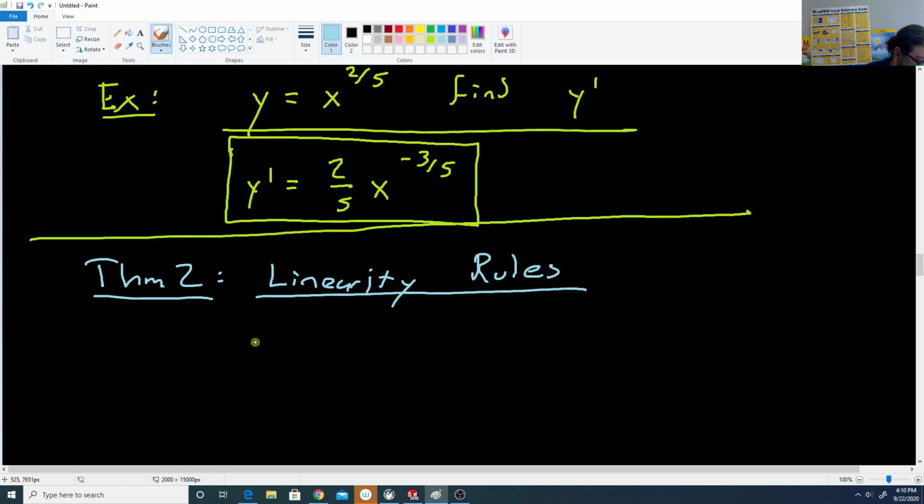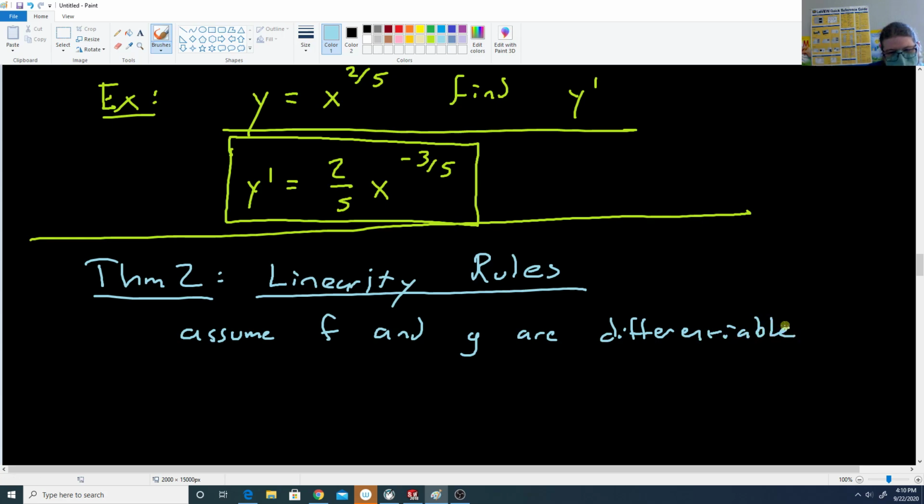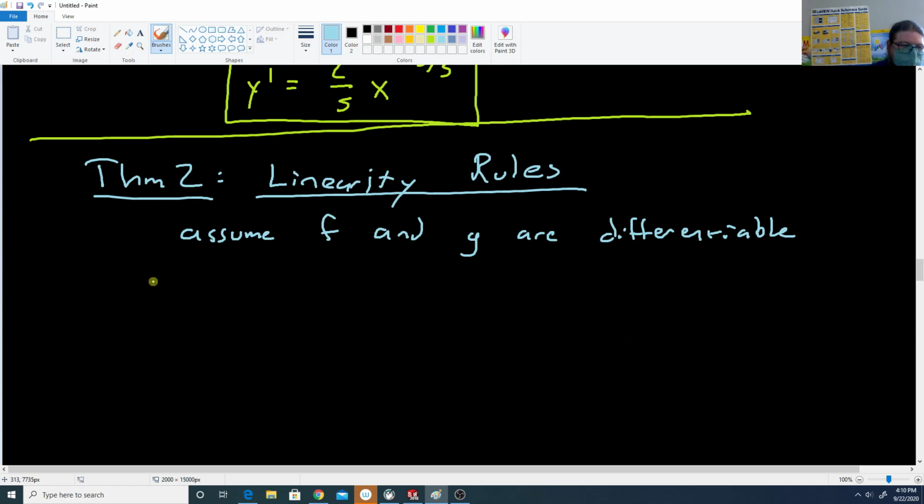So basically we say, all right, we're going to assume f and g are differentiable. So again, this means wherever f exists, its derivative also exists, and wherever g exists, its derivative also exists. So f and g, you can take the derivative over f and g's entire domain.